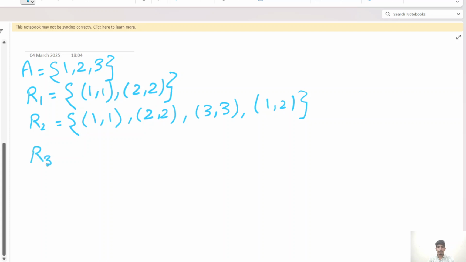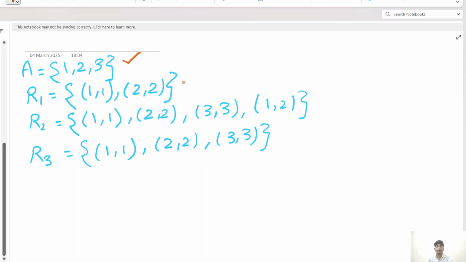And what is R3? R3 is (1,1), (2,2), and (3,3). Then we have to tell which of the relations is reflexive, which is identity, and which is both.